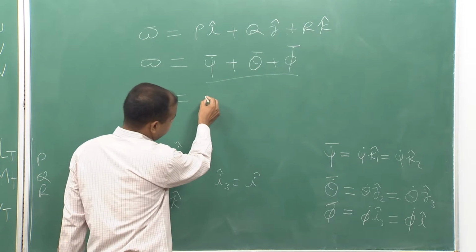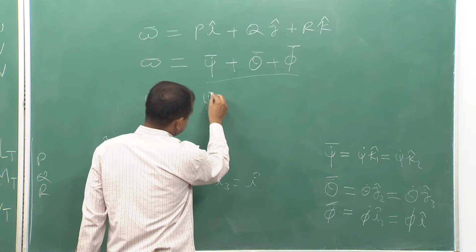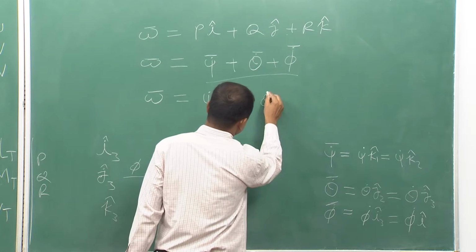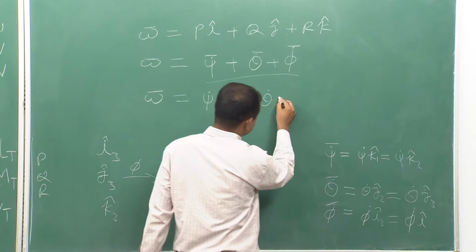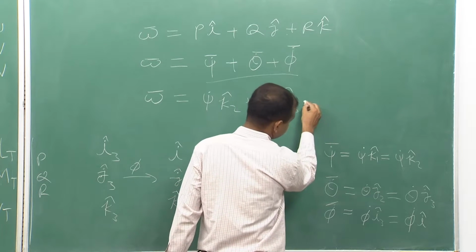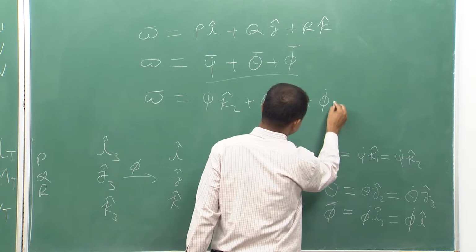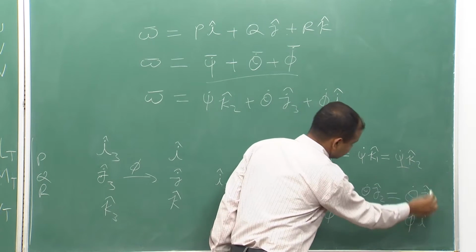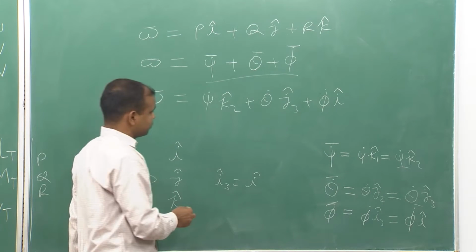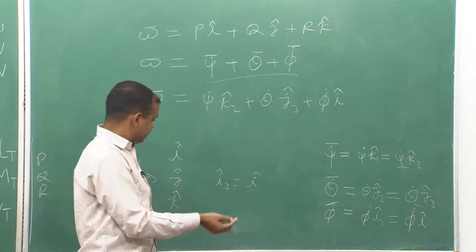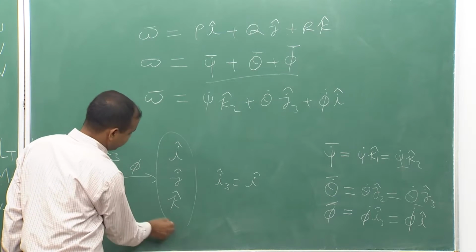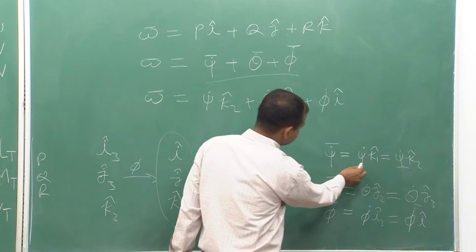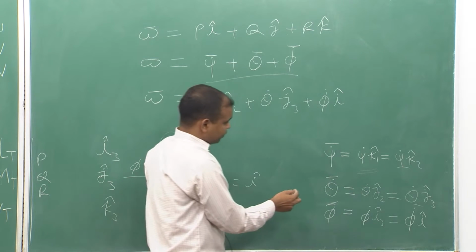Omega is equal to psi dot k2 plus theta dot j3 plus phi dot I. Why am I using this and this only? Because our ultimate aim is to reach the I, j and k frame, this body frame, and if I start from here, if I take this psi dot k1, then I will have to transform my frame 3 times.